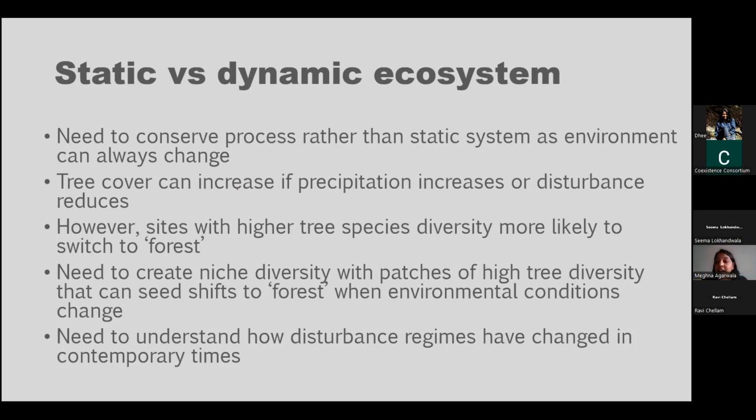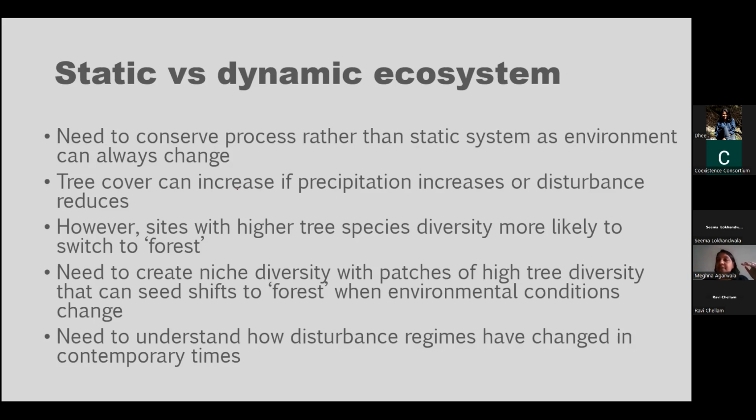One thing that we did find is that the system is going from savanna to forest, savanna to forest, savanna to forest. But once the tree species diversity drops below a certain number, then it can no longer switch back to the forest. And so if we want to conserve the ability of the system to keep switching back and forth, because the environmental conditions are always going to change, right?